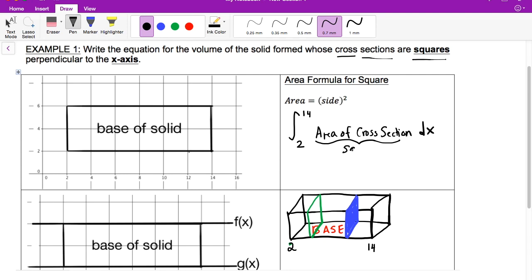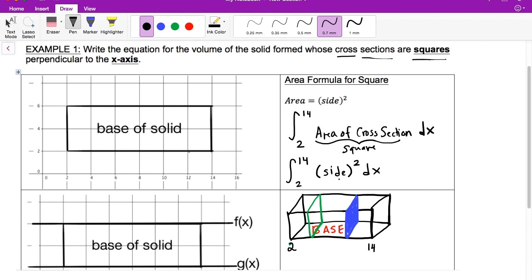So now we need to come up with an expression for the area of the cross section. We're given in the problem that the cross section is a square. So what we'll need is the area formula for a square. I'm going to update this equation so that we have the formula for a square filled in.